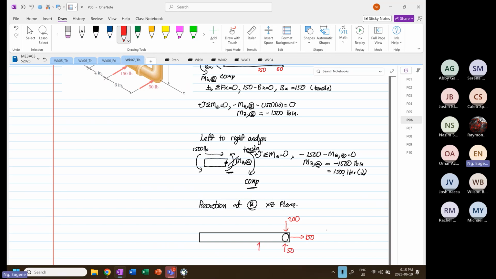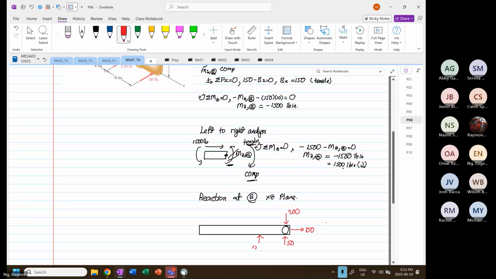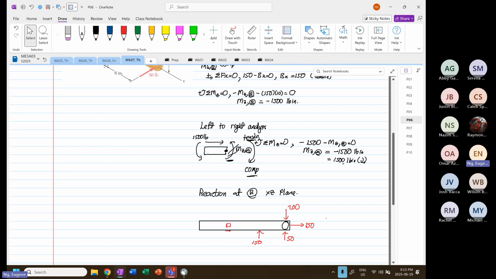We have a load down here going at 150. And then this is our element, so one is our element H, one is our element K. And then positive shear assumption, positive bending moment assumption.